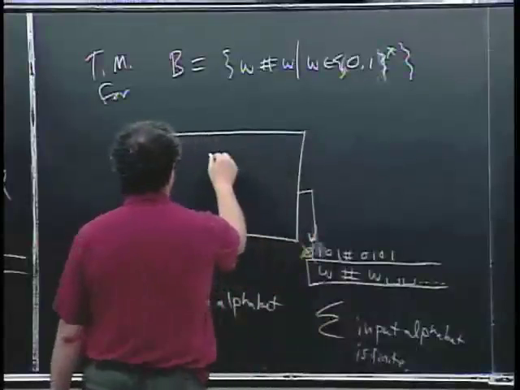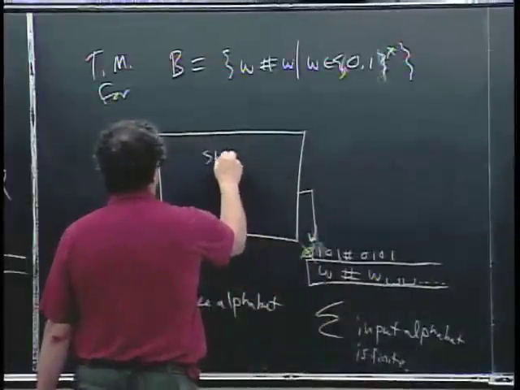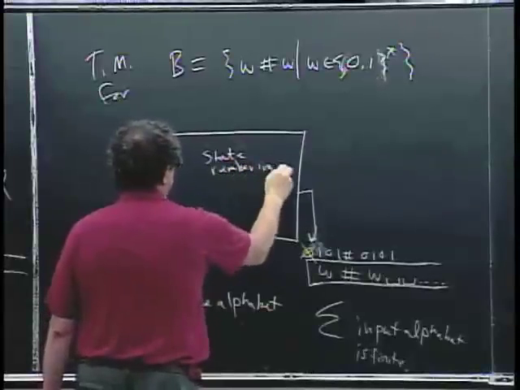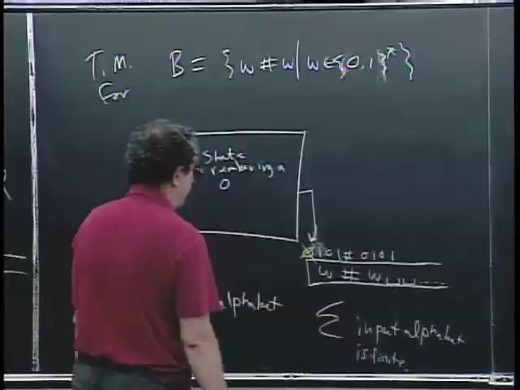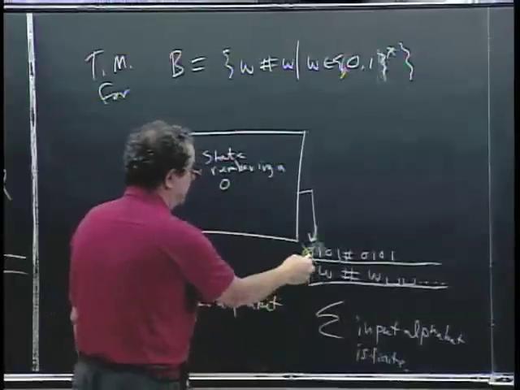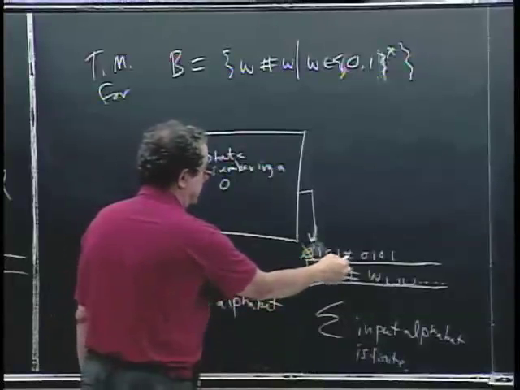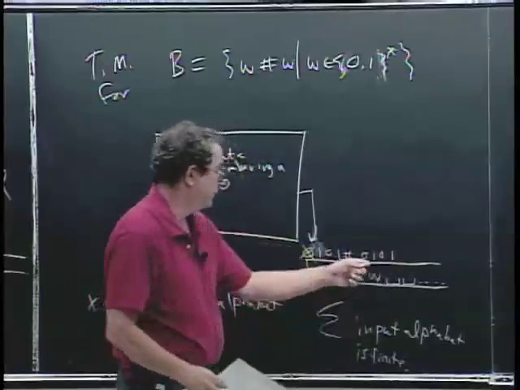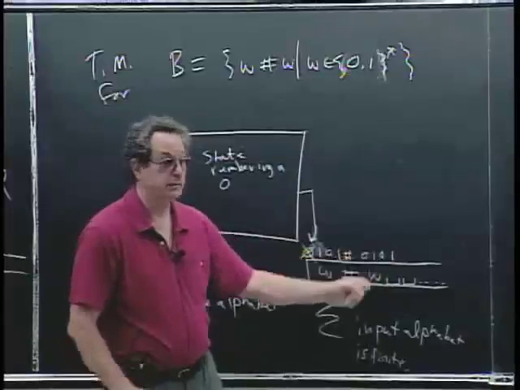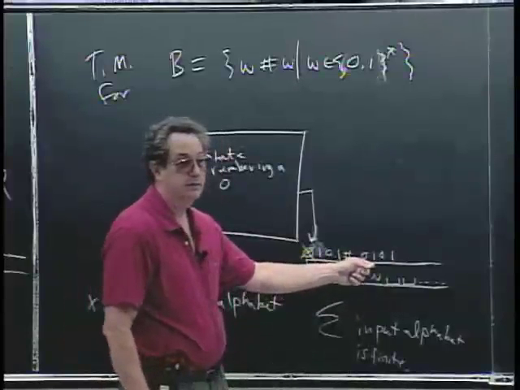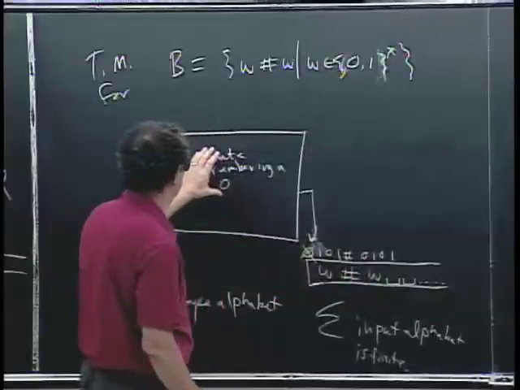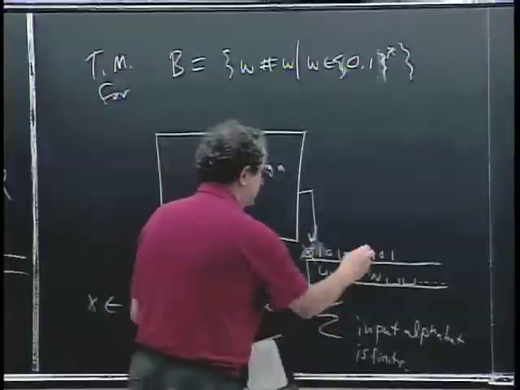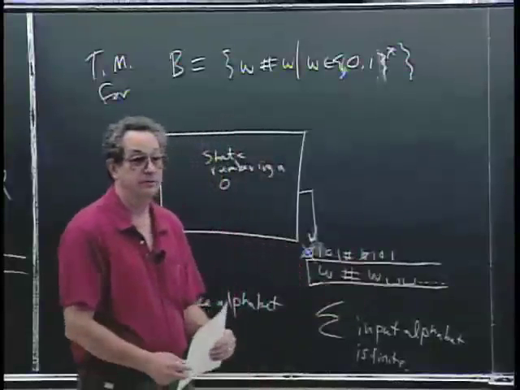And we're going to move into a state remembering that a 0 was read. And then we're going to be moving right until we see the hash, and then move right until we see something that's not an X, which in this case is just that 0. So we read a 0, and since we're in the state that's remembering that was a 0, that one is crossed off, and we're good so far.